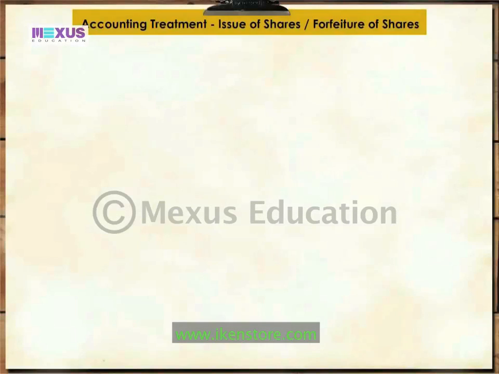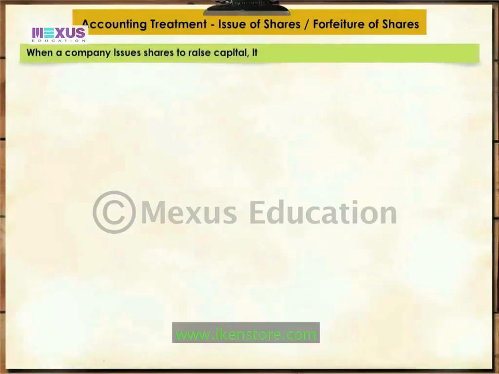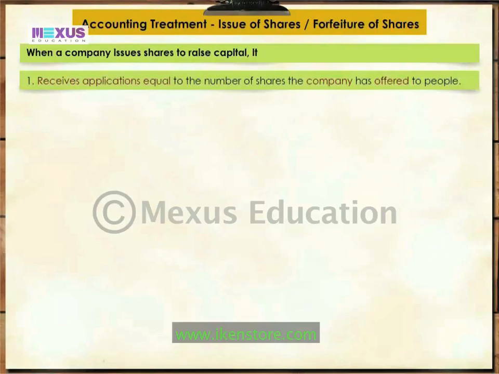Journal entries when allotment money becomes due. When a company issues shares to raise capital, 1. It receives applications equal to the number of shares the company has offered to people.